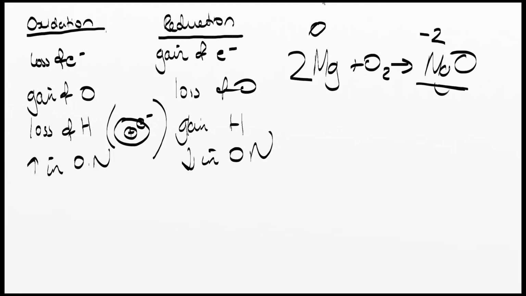Sorry, what I meant was magnesium goes to an oxidation number of +2, and because oxygen is always -2, magnesium goes from 0 to +2, and we can see that it's oxidized.